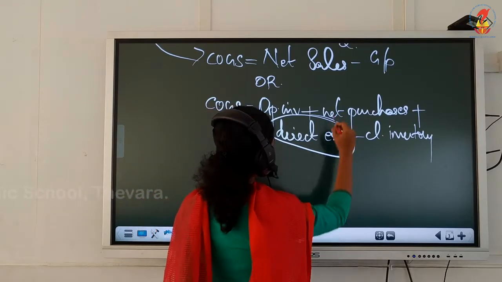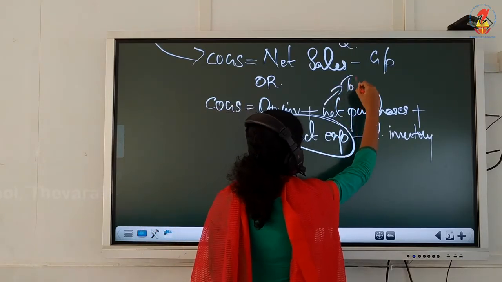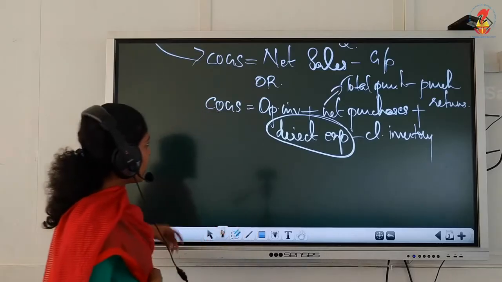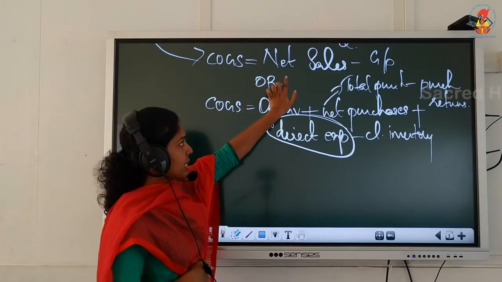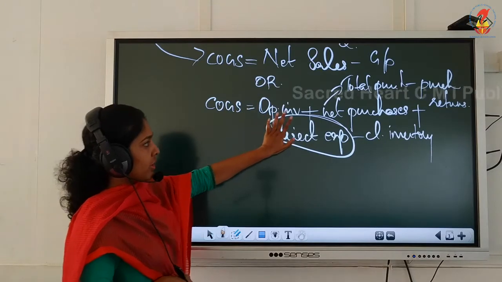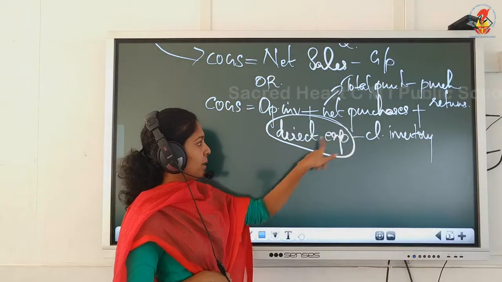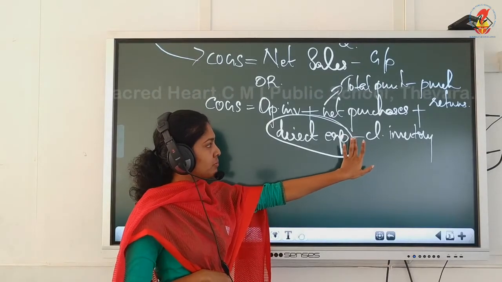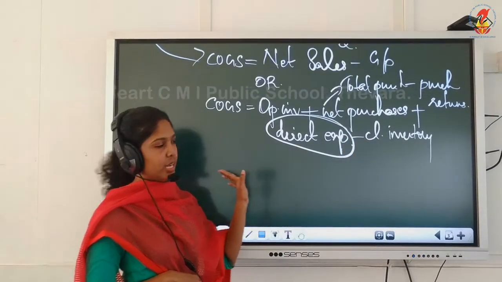Then net purchases means total purchases less returns, that is, you have to deduct purchase returns. So that is the formula for cost of goods sold. Either you have to use net sales minus gross profit, or what you have to write is opening inventory plus net purchases plus direct expenses, minus closing inventory. That's the formula.